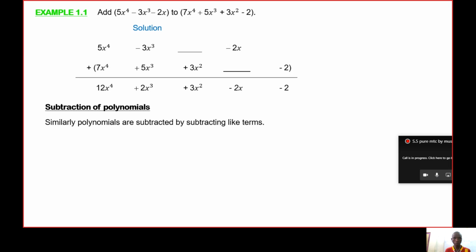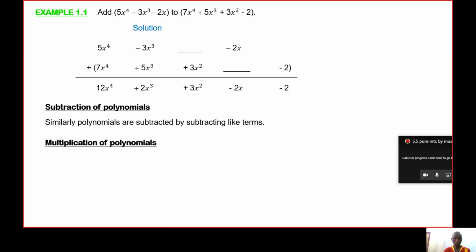Just the same way we do when we are adding polynomials. I'll not take you much on subtraction because it is just similar to addition. The process is the same. Rearrange your polynomial terms, then collect the like terms, then either add or subtract those like terms.